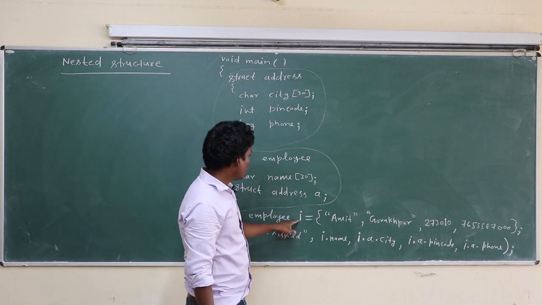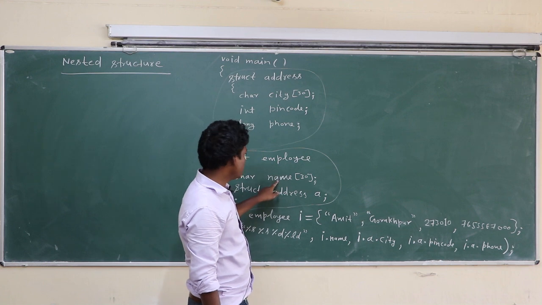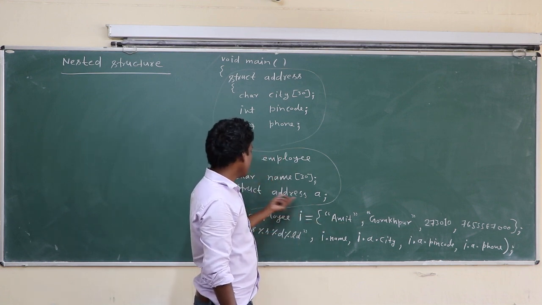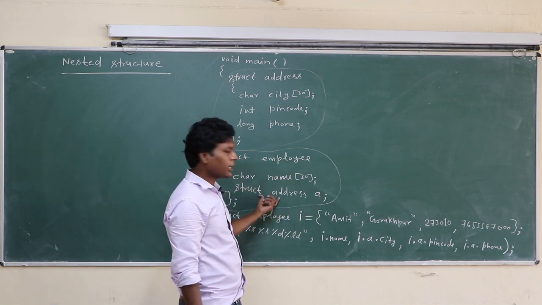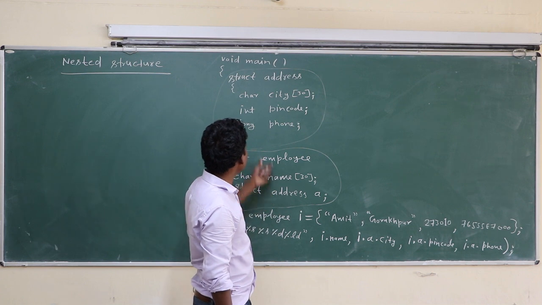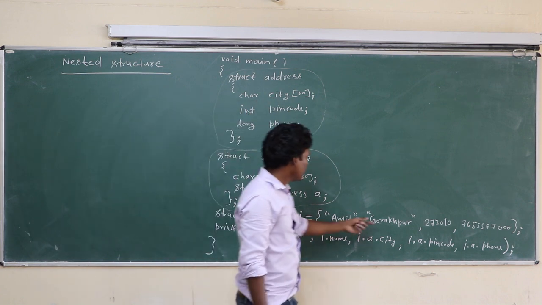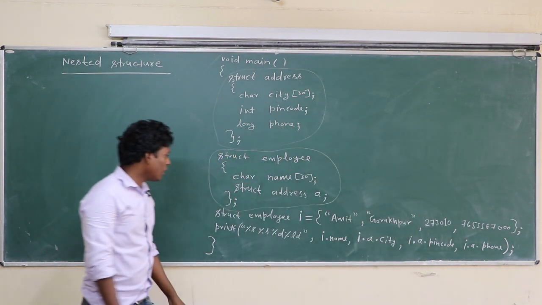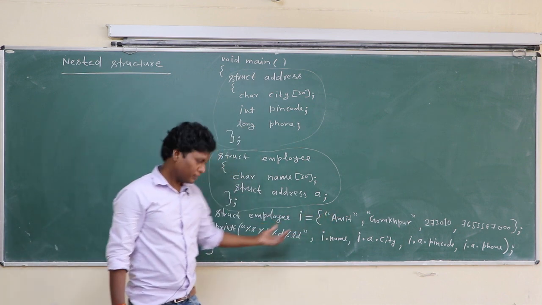So here we are going to initialize. First is name, so this is Amit, second is A, and this A is a variable of this data type, and this data type is basically this. So it has city, pin code, phone number. We initialize this. Now we can print these values.